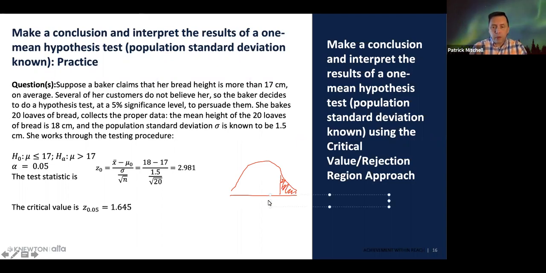Here is the 1.645. And then our calculated test statistic lands up here somewhere. And that value is 2.981. So that is clearly within the rejection region. It looks like we're going to reject the null hypothesis.